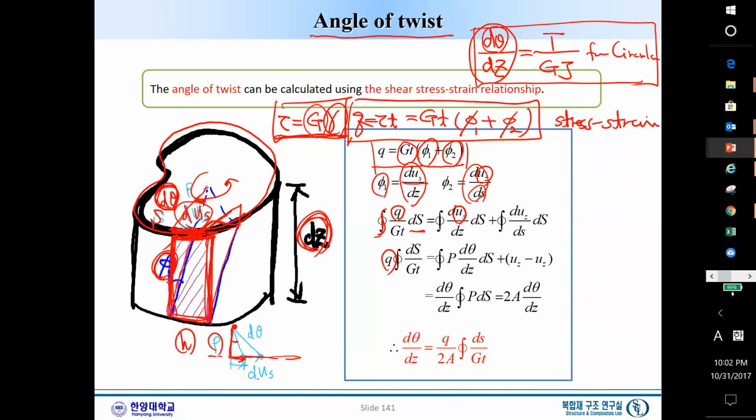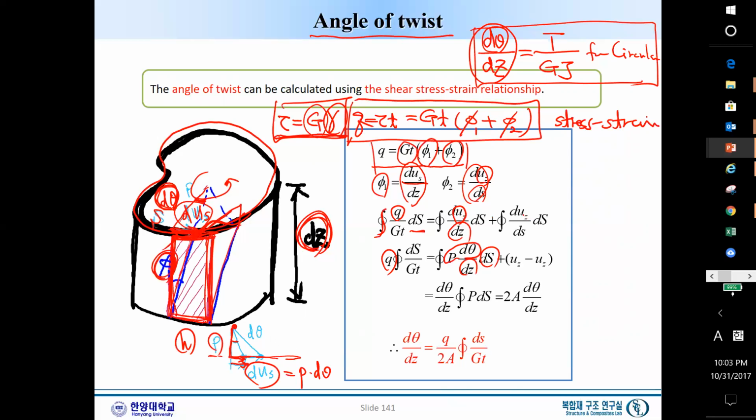So dus is P times d theta, and dz and ds.